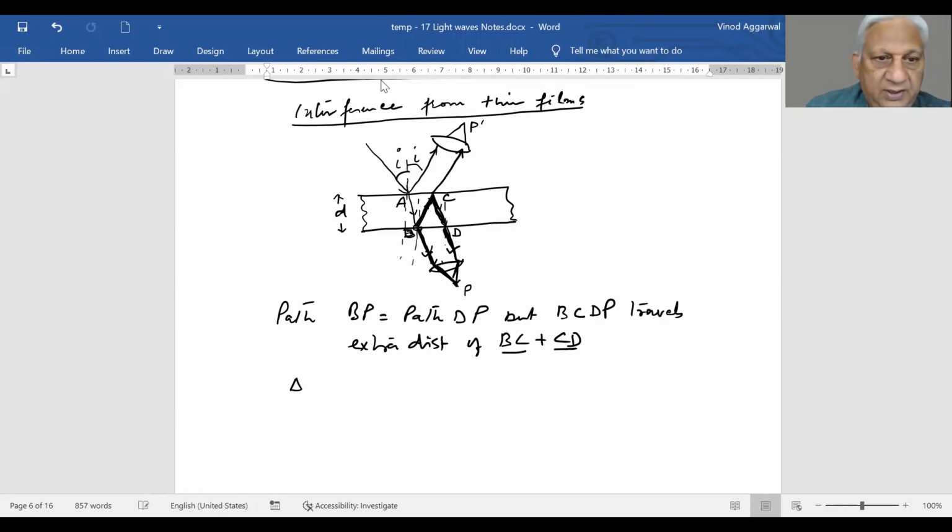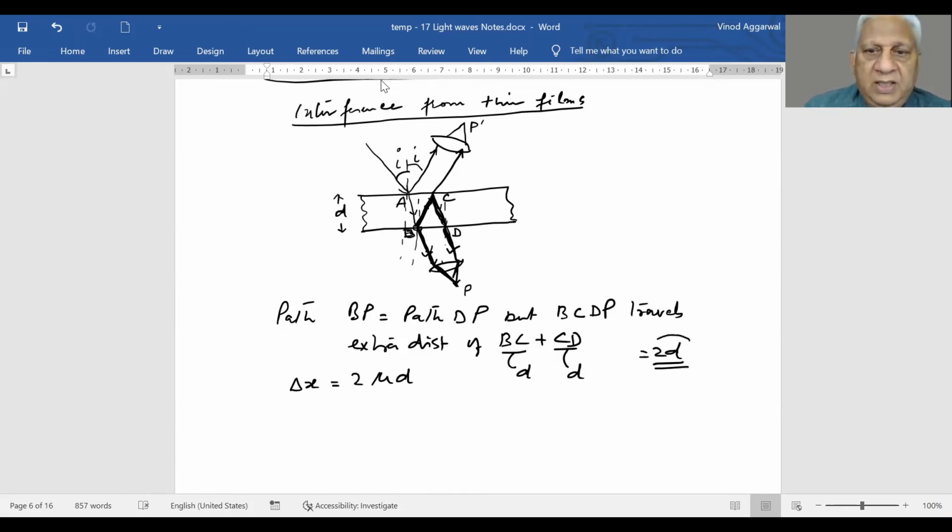So the path difference created is 2 mu d. Now, 2 mu d means BC we approximated to d, and CD also we approximated to d. So these two differences are 2d.